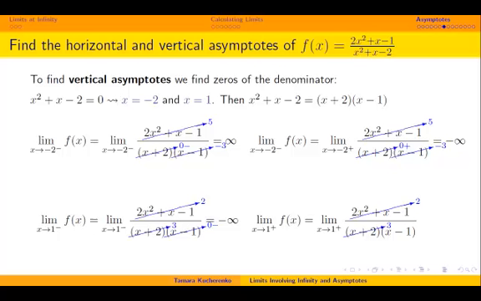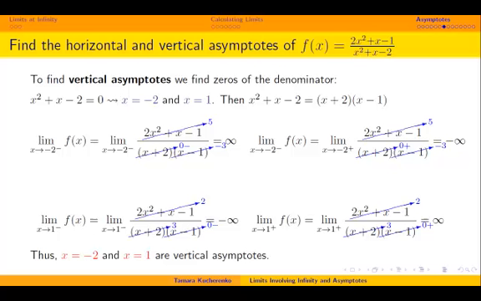But since x approaches 1 staying greater than 1, x minus 1 tends to 0 staying greater than 0. Therefore, the limit is positive infinity. We have two vertical asymptotes, x equals negative 2 and x equals 1.